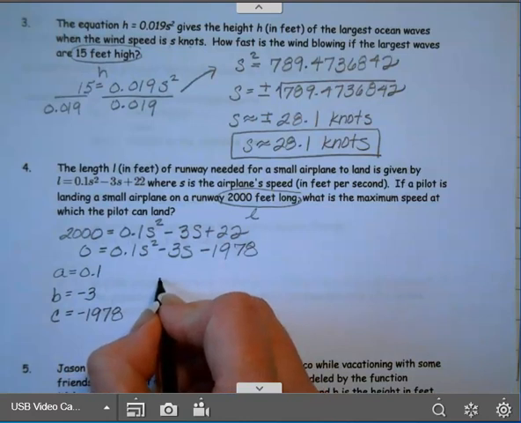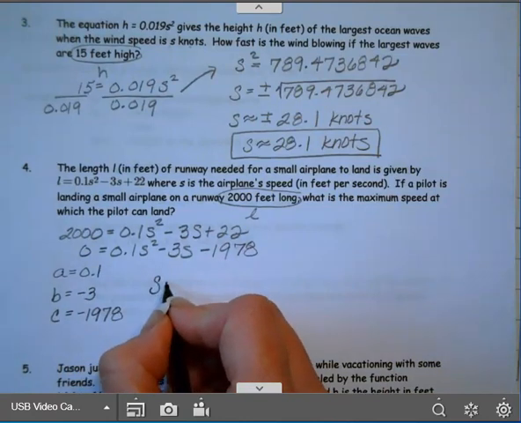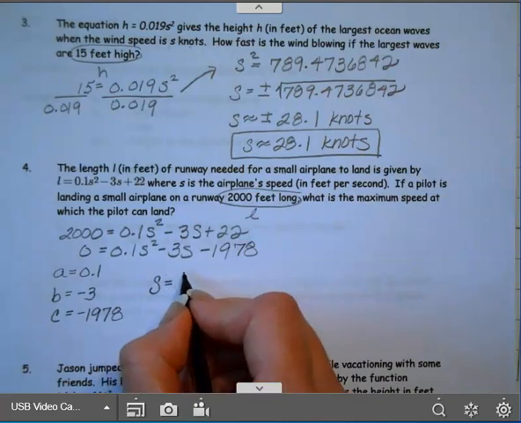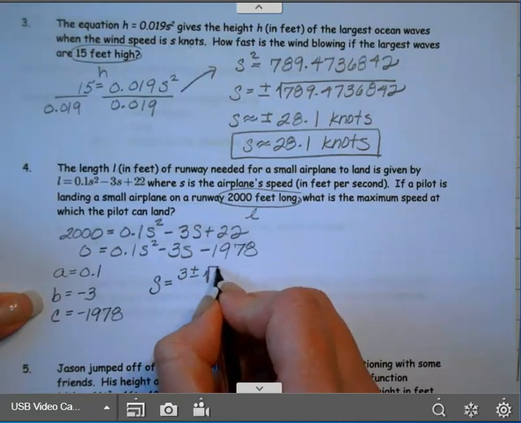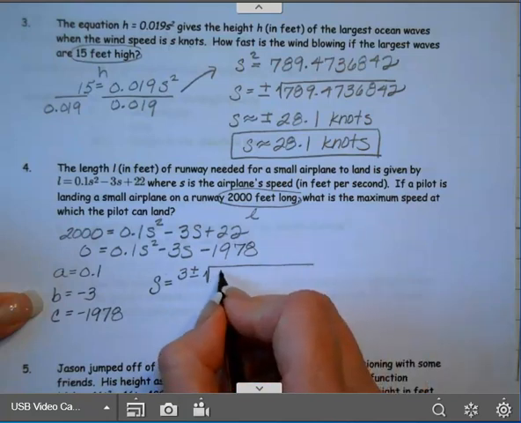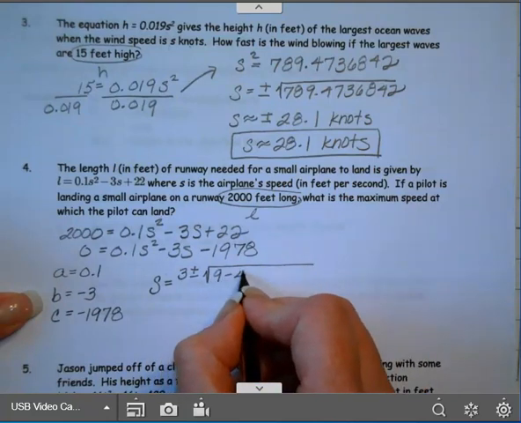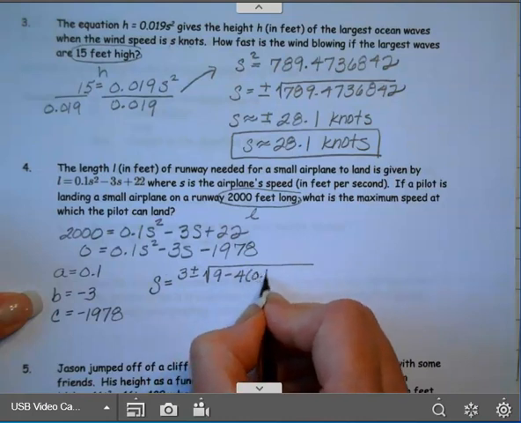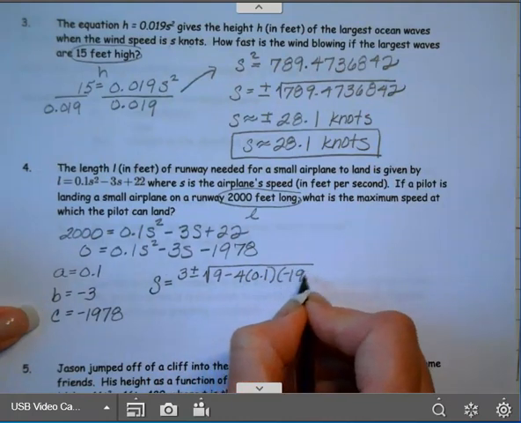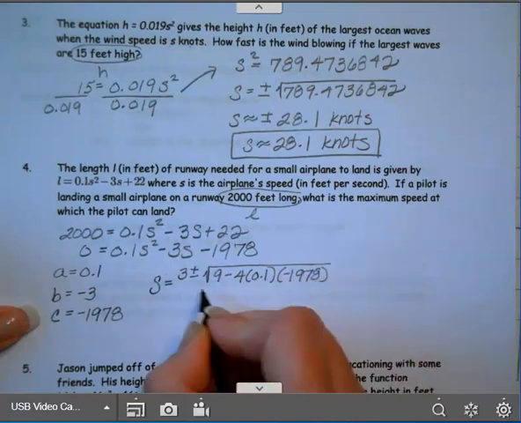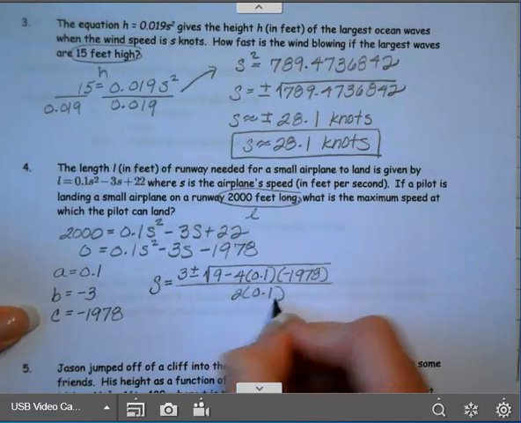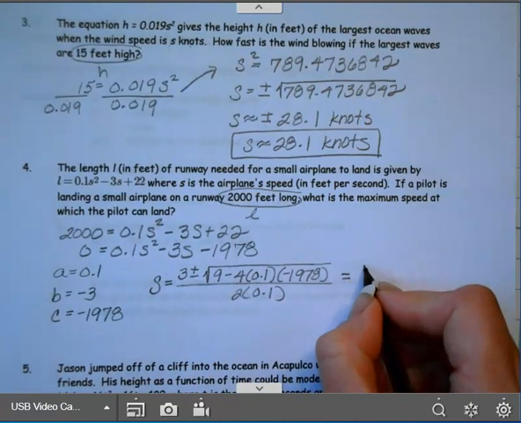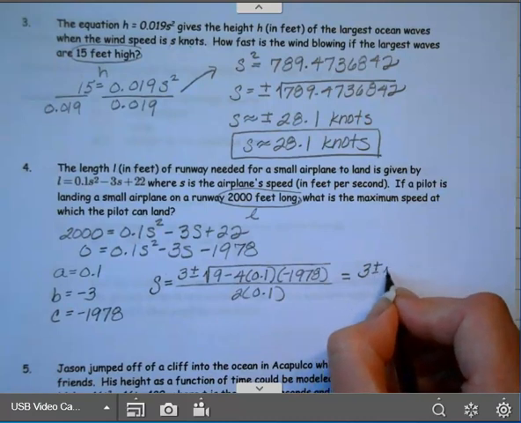And so for this problem, we have x equals negative B, so the opposite of negative 3 is 3, plus or minus the square root. When I square B, I get 9 minus 4 times A times C, and that is all over 2 times A. So that'll be 3 plus or minus the square root.